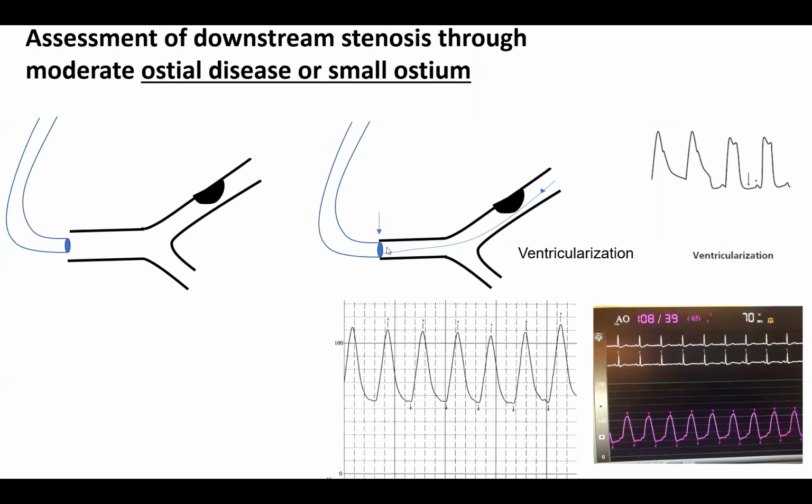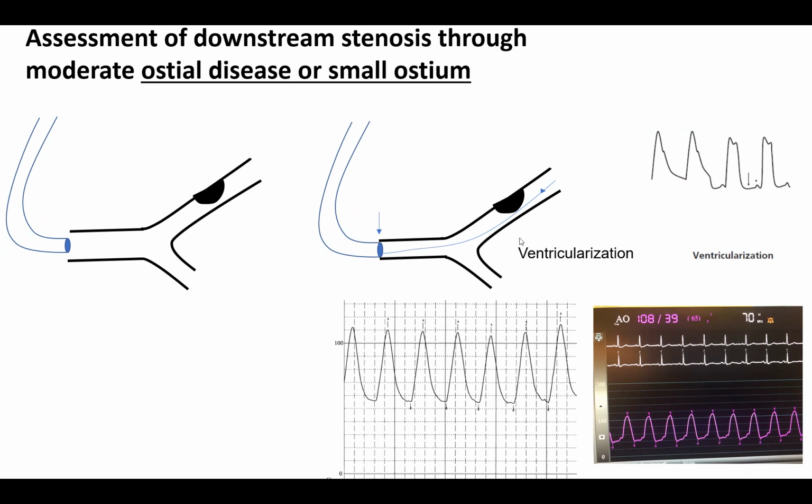So let's say with a guide in, your FFR is 0.85, you disengage that guide, your FFR becomes 0.70. Again, because the guide is creating an obstruction to the flow. It's attenuating the flow, it's attenuating the drop in pressure, and it's attenuating the drop in flow you would see past the stenosis.